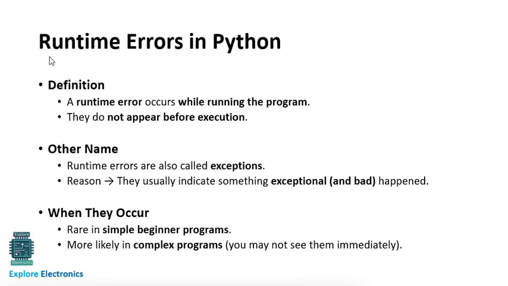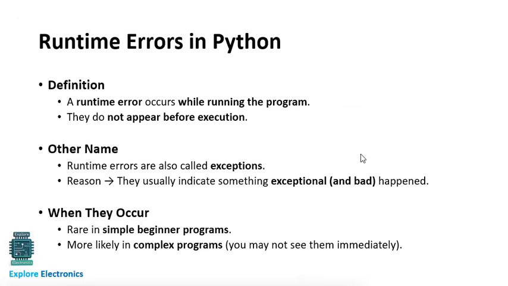And the reason for these runtime errors is that they usually indicate something exceptional or bad happened, which means something out of that program which is not properly defined. And when they occur, they are rare in simple beginner programs.